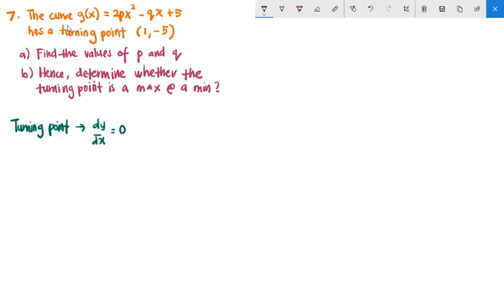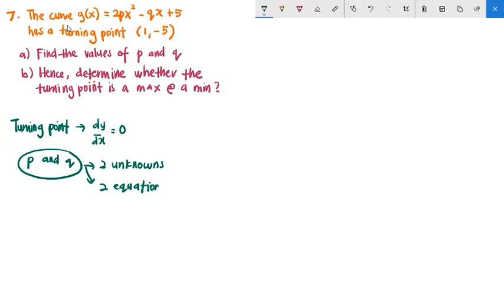One thing to know about this question: P and Q are two unknowns, so we must have two equations to solve this. One is from g(x), we substitute g(1) is equal to -5.